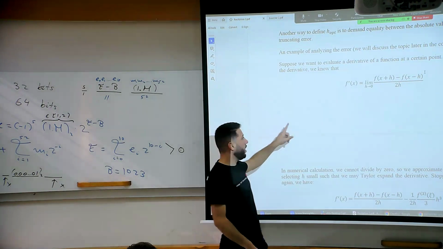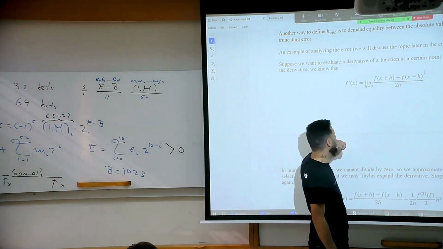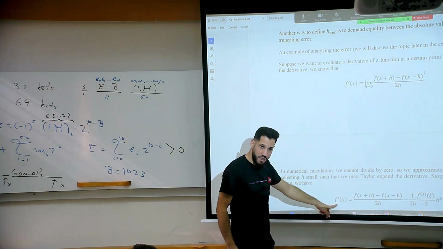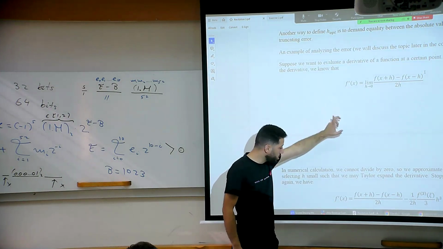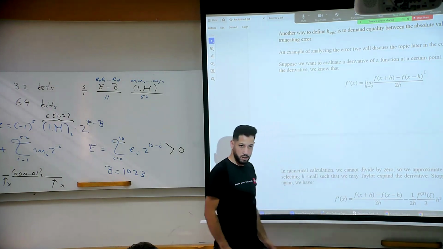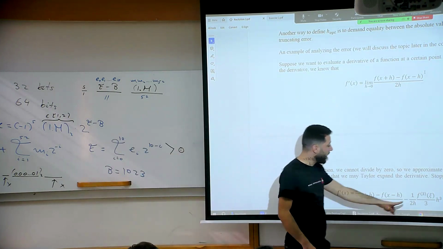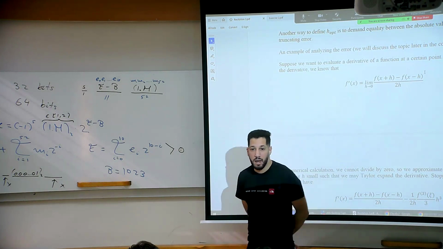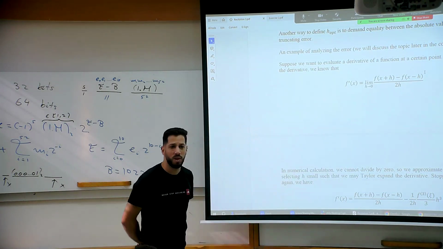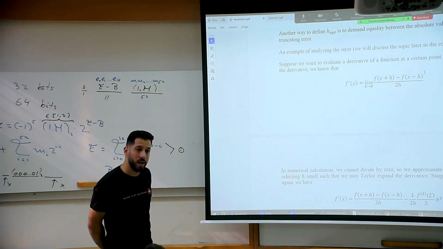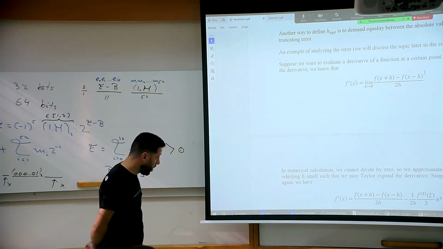We say, okay, it's hard for the computer. We know mathematically that f hat also equals this, when psi is some number between x minus h and x plus h.